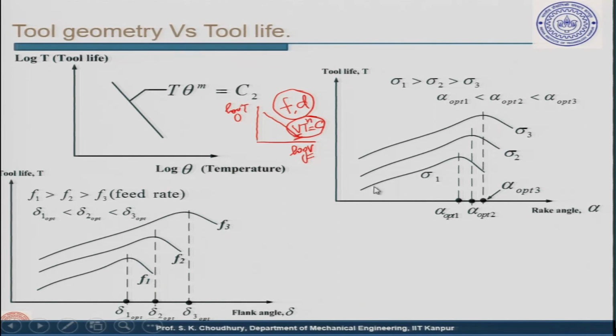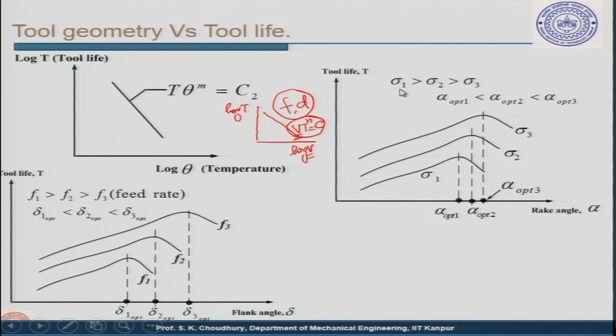So, these curves are made for machining with the same tool, but with different workpiece materials. This workpiece material is stronger, this is less strong, and this is even less strong. Therefore, sigma 1 is more than sigma 2, which is more than sigma 3.